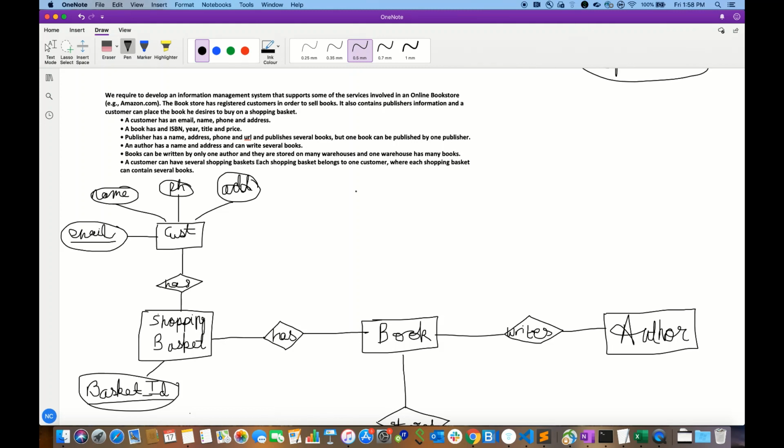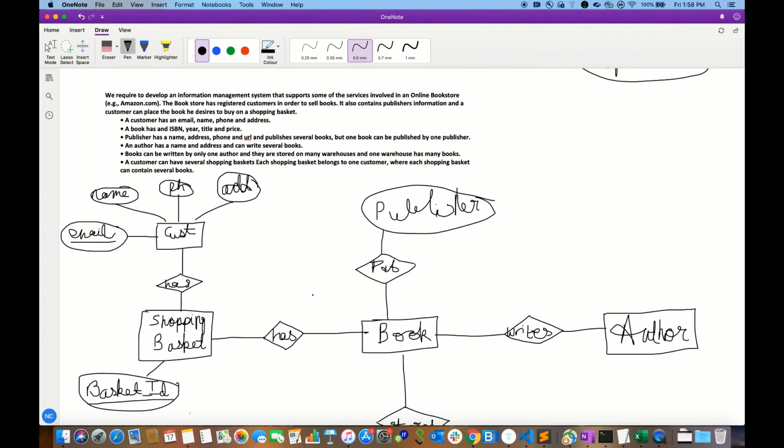There is an entity named publisher, so let's just define that entity as well, and the publisher publishes.